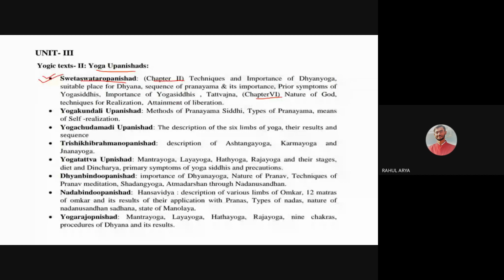Next is the Yoga Kundalini Upanishad. Here we have to study the methods of pranayama siddhi, types of pranayama, and means of self-realization. Next is the Yoga Chudamani Upanishad. Here is the description of the six limbs of yoga, their results and the sequence.